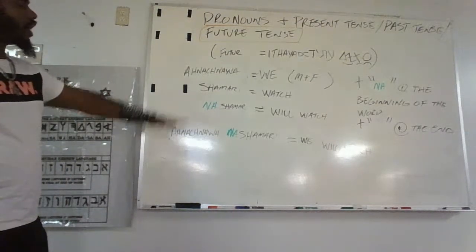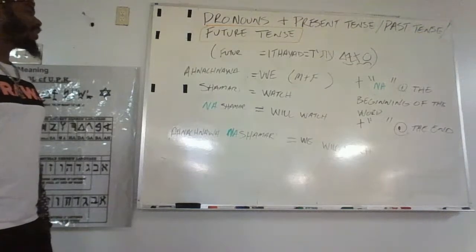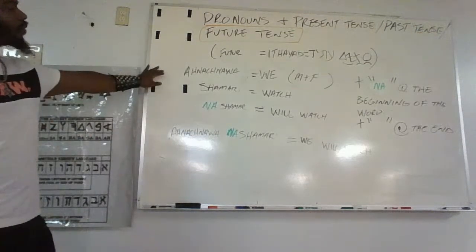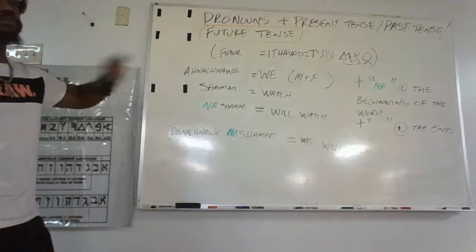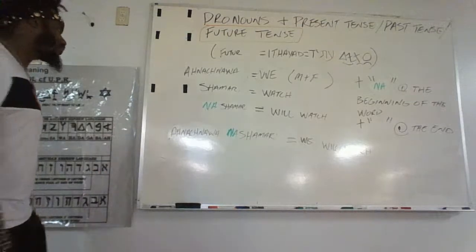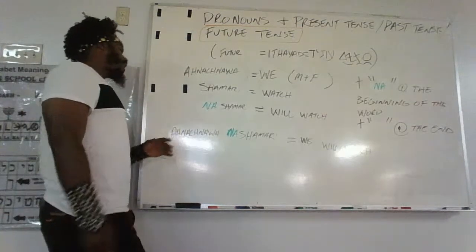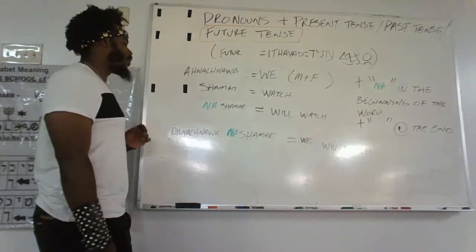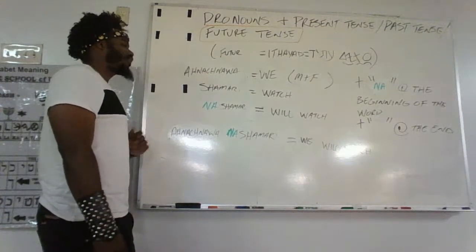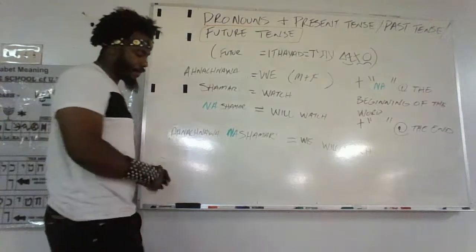It's kind of just like when we're dealing with the past tense. You know by the pronoun what you should put in front of the adjective. So you have anachnu, you put na at the beginning of the word. Anachnu na shamar. All right.